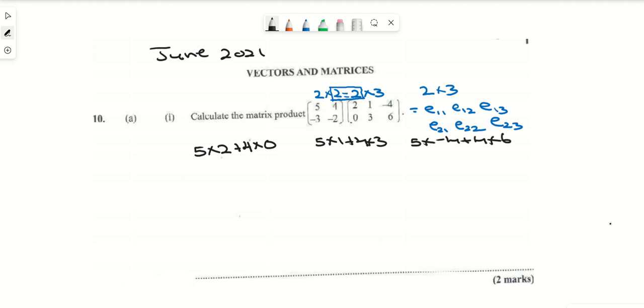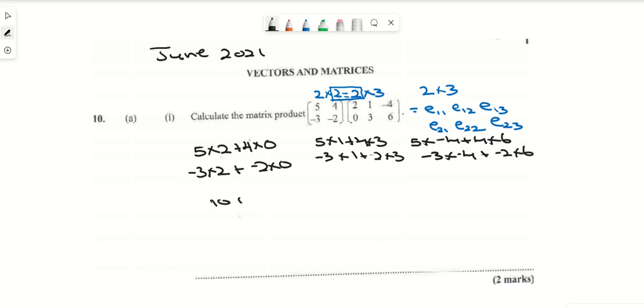Right? Then the next part is going to be -3 multiplied by 2 plus -2 multiplied by 0. Then it's -3 multiplied by 1 plus -2 multiplied by 3. Then -3 multiplied by -4 plus -2 multiplied by 6. Right? So we have the 6 elements.